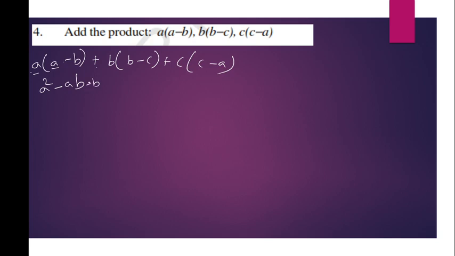Plus into minus, minus b into c, bc, plus into plus c into c, c square, plus into minus, minus ac. So this is the answer. Now when you add all these things, we'll get this answer: a square plus b square plus c square minus ab minus bc minus ac. So this is the answer we will get.